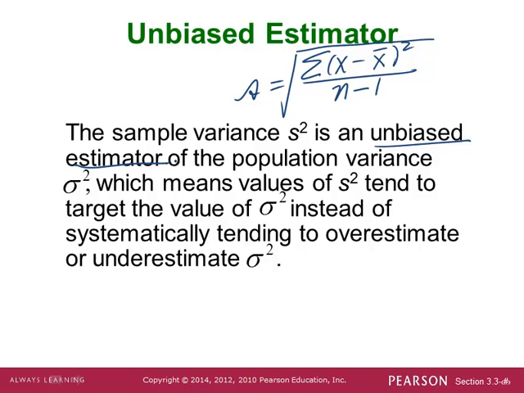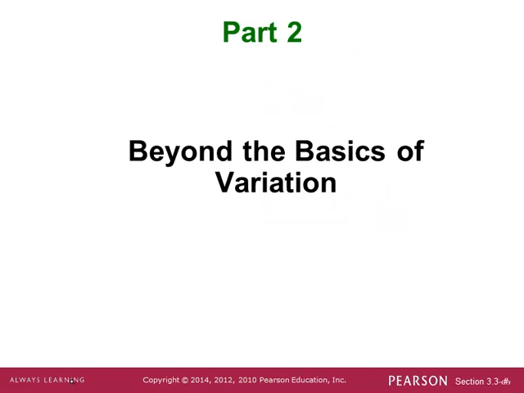And without getting into the mathematical details, that means this is going to be a better estimator of the true population standard deviation compared to if we were to just divide by n. Okay? We'll leave it at that.